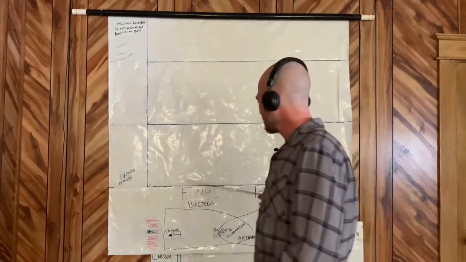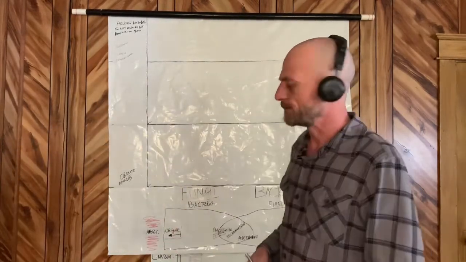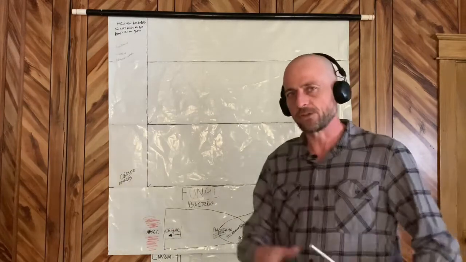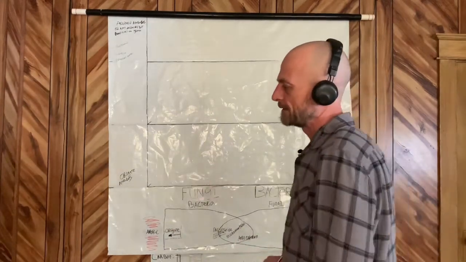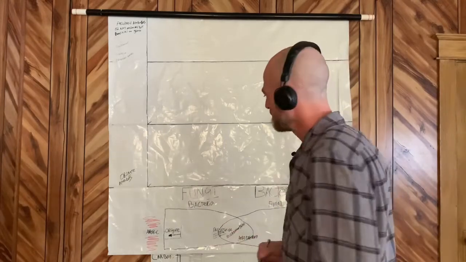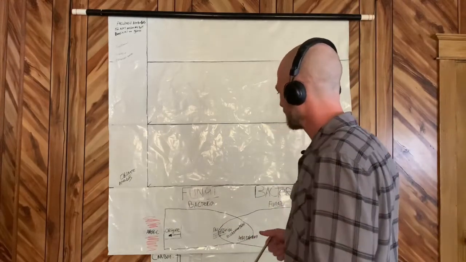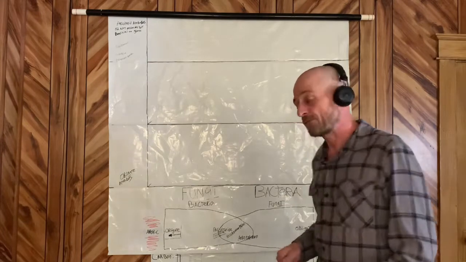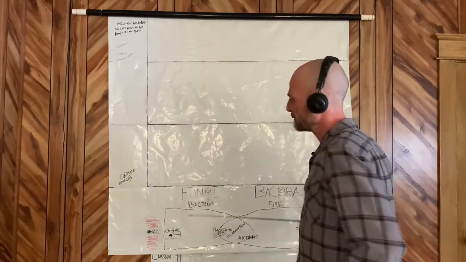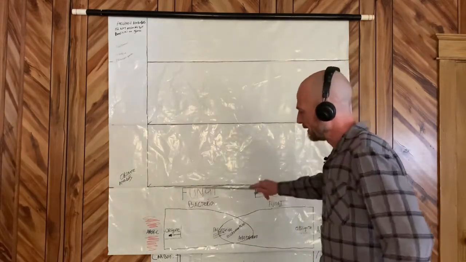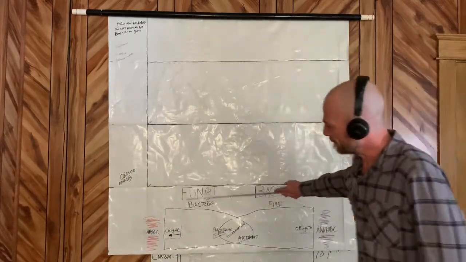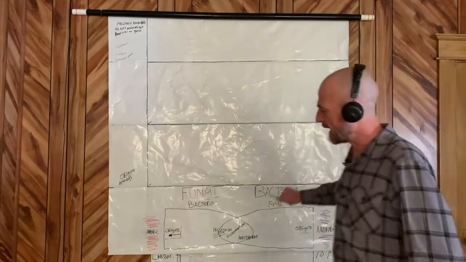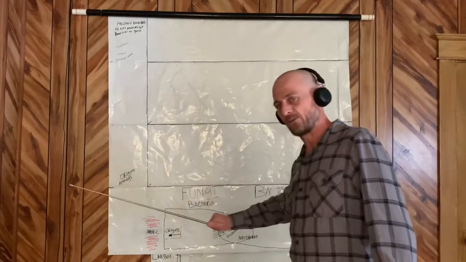Now that's not 100% real, but in general, we have a diverse type of topography in the United States, and in our farmland in the plains, it would be more along this range, the slightly fungal dominant obligate anaerobes.